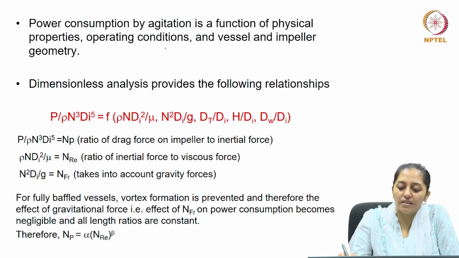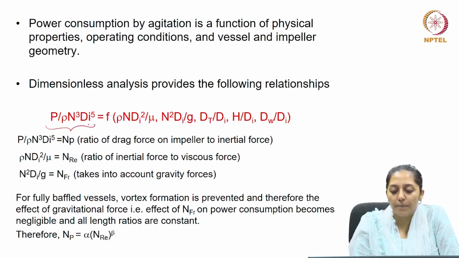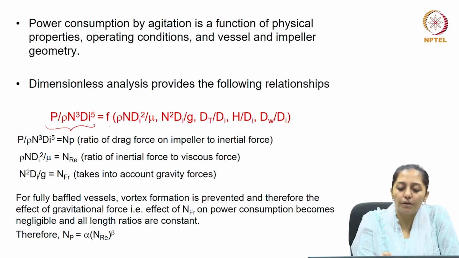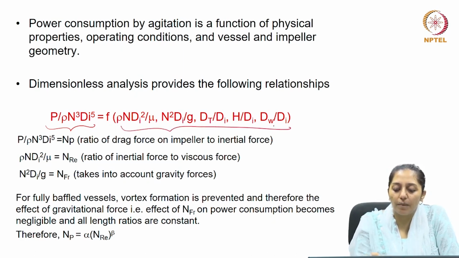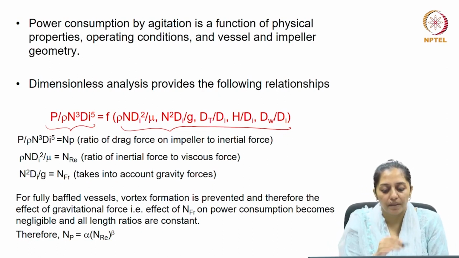So, if you see one such relationship, it shows here that the power consumed by the impeller, which is given here by the dimensionless number called the power number, is found to be a function of other dimensionless numbers, which are in turn a function of various reactor and vessel geometry and the fermentation parameters.